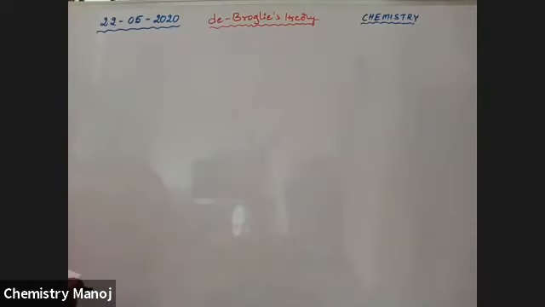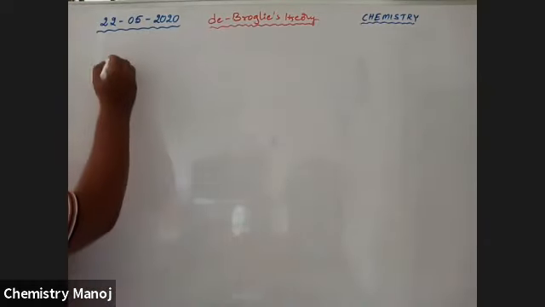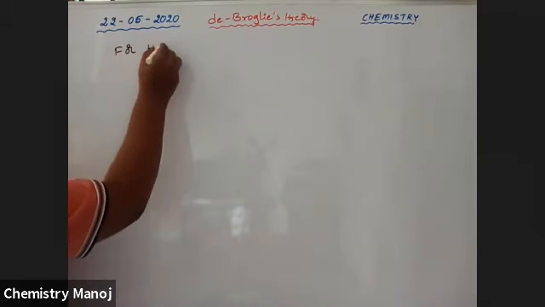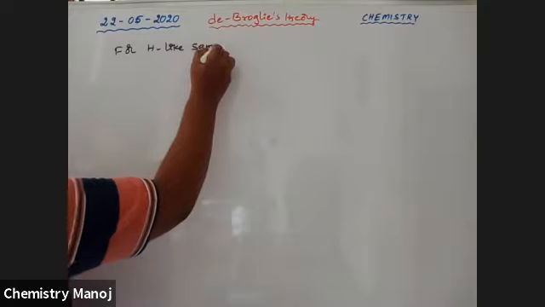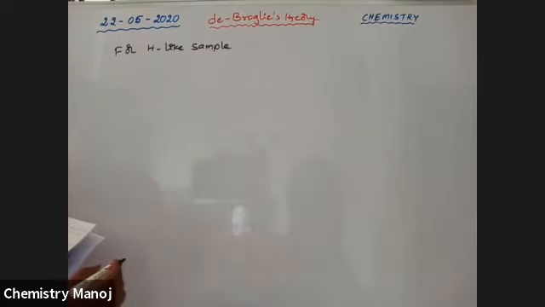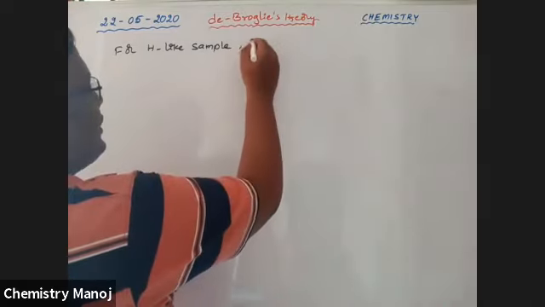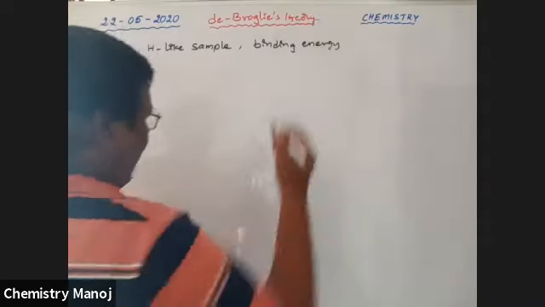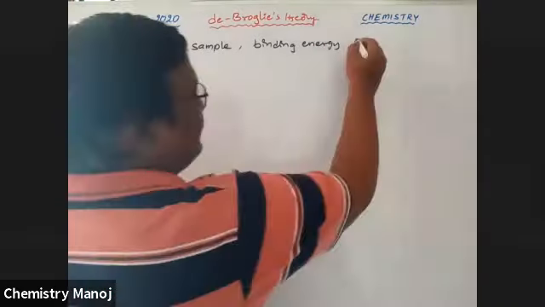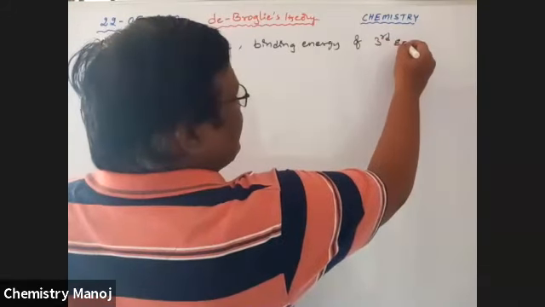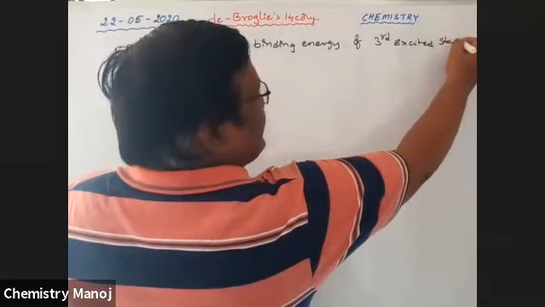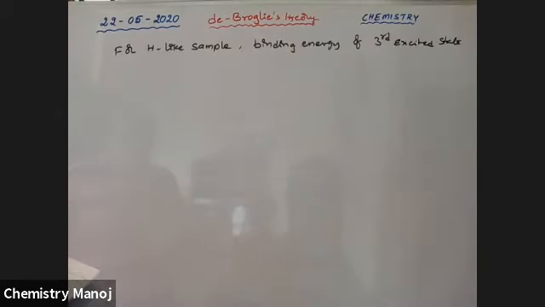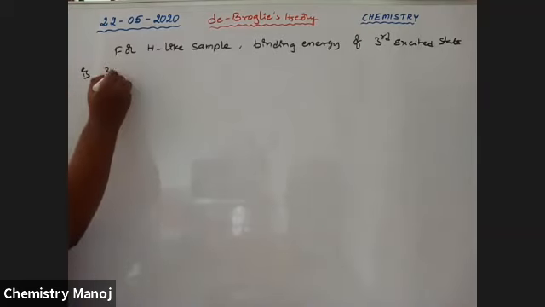See the problems here. For a hydrogen-like sample, the binding energy of the third excited state is 3.4 electron volts.